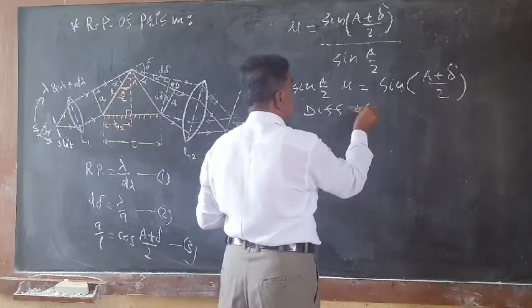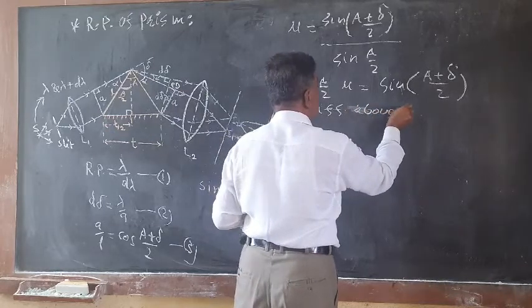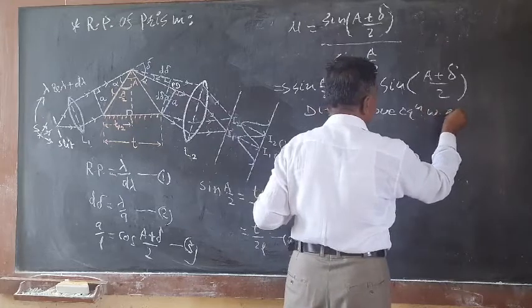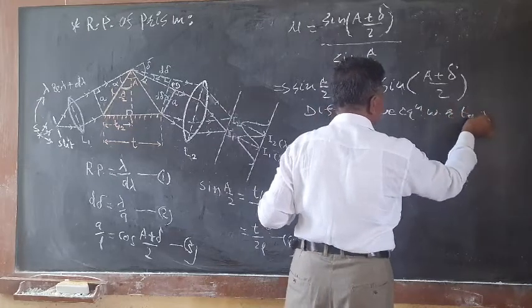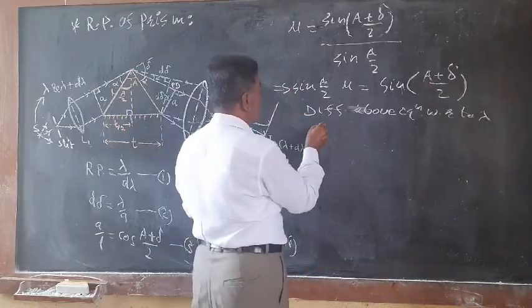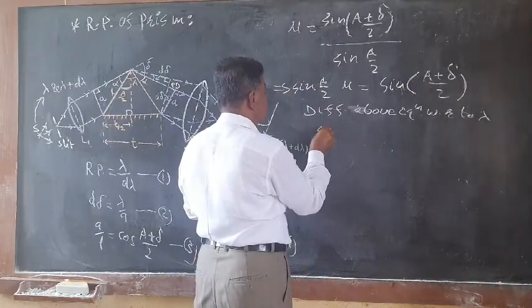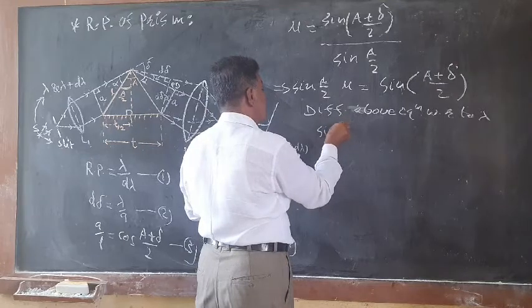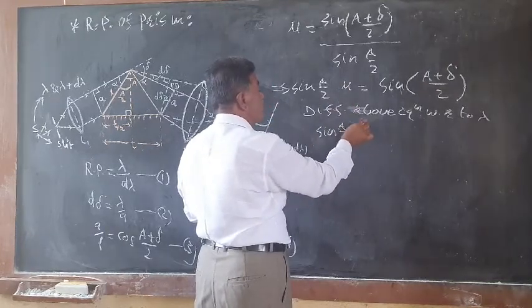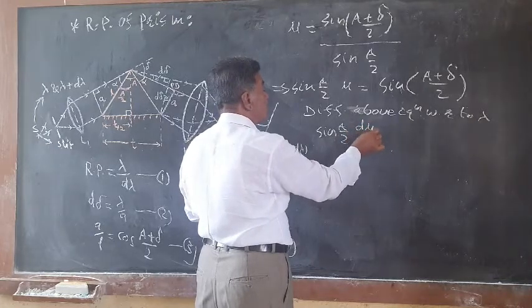So differentiating the above equation with respect to lambda, in this equation mu and delta depend on lambda. So sin A by 2, a constant, remains as it is. So we get sin A divided by 2 into d mu divided by d lambda, with respect to lambda.